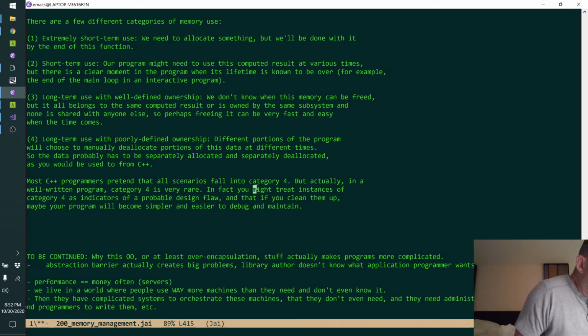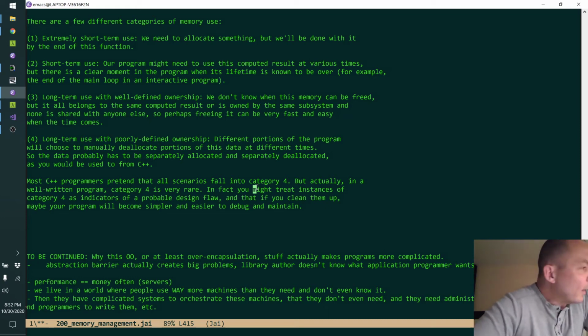Memory that's never intended to be freed at all. Okay, that's a good point. Let's make that 0. Well, no, I don't want to. I agree that that's important. If you can represent something as static data, you absolutely should do that, right? Or if it's dynamically allocated and then never freed.